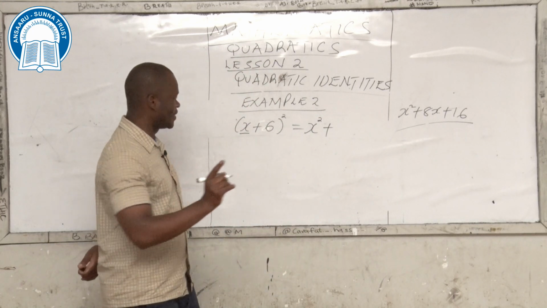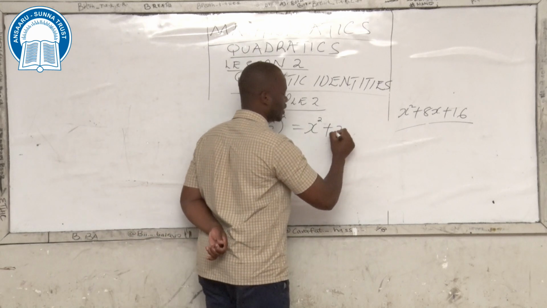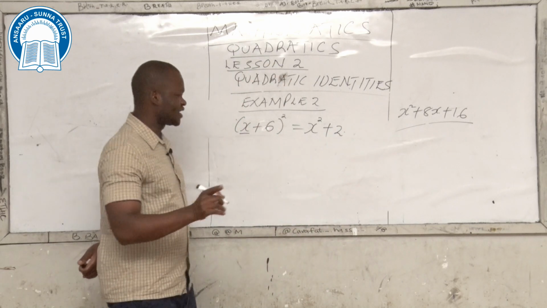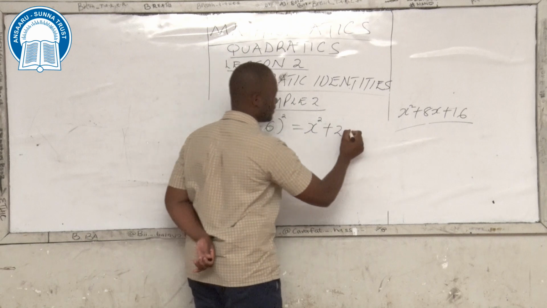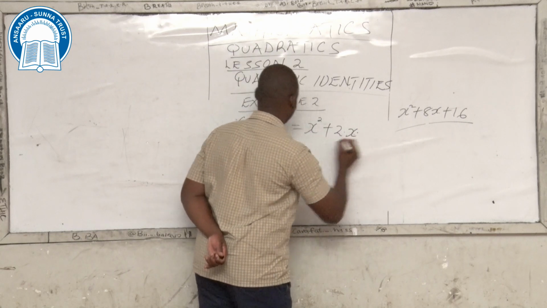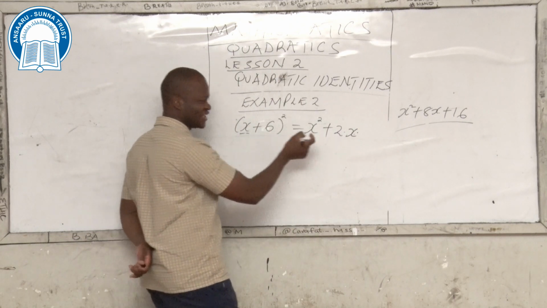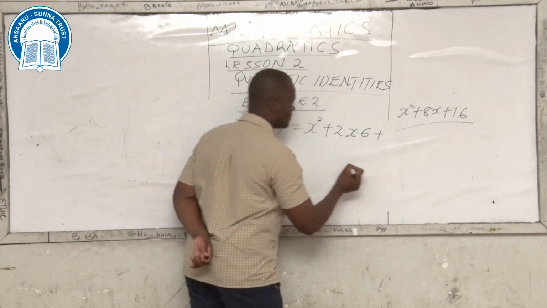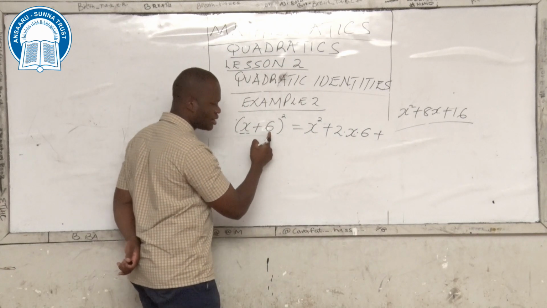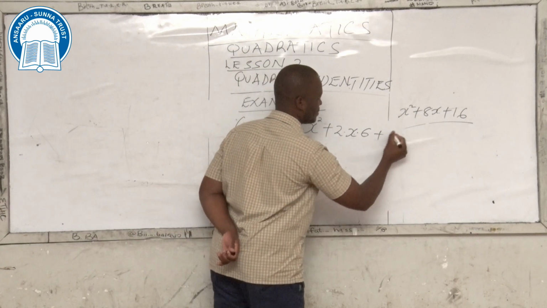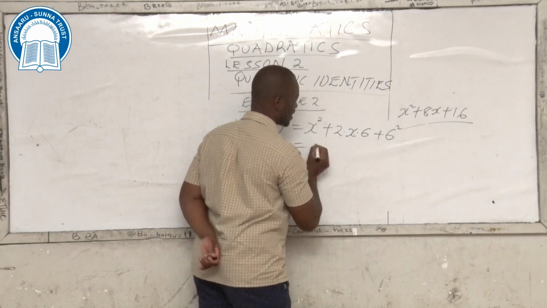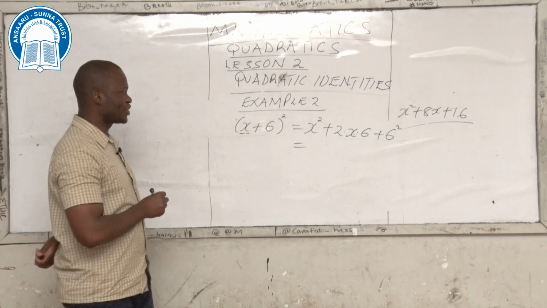The second term, you take 2, which is a constant, times the first term x times the second term 6, then the square of the second term in the bracket. So what do we end up with?